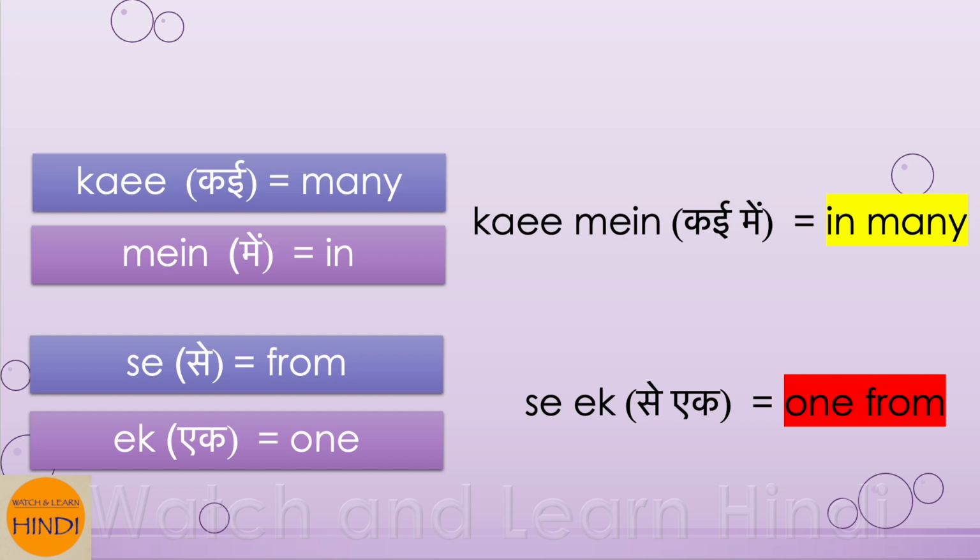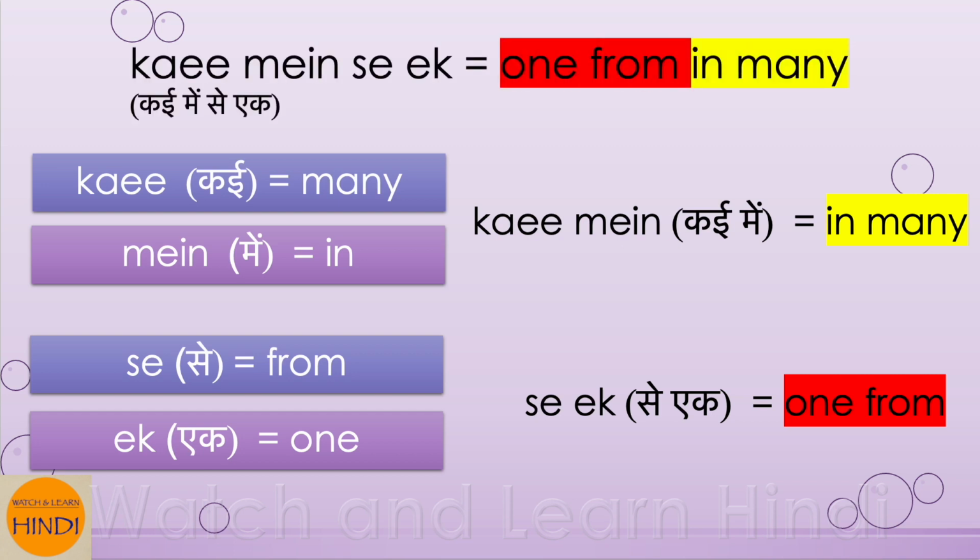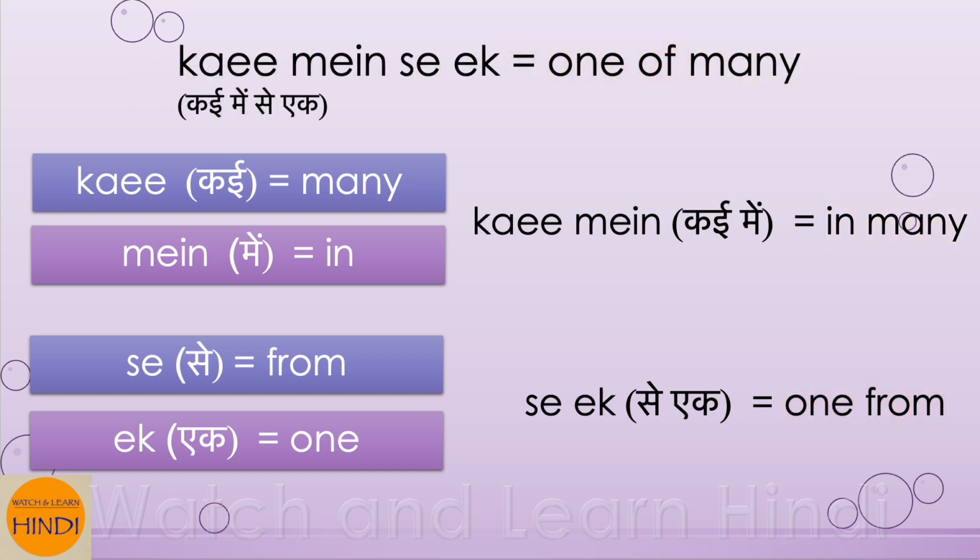So se ek is one from. Now if you combine them, kai mein se ek is one from in many. So you see that the sequence of the words is not the same in English and Hindi, but it conveys the same meaning as one of many.